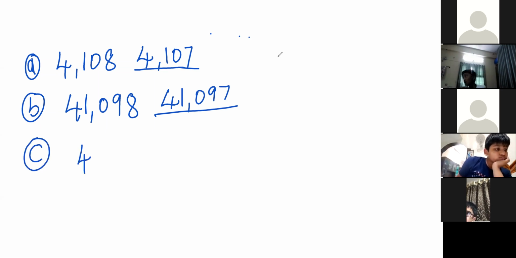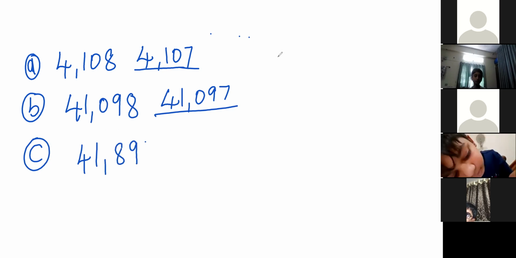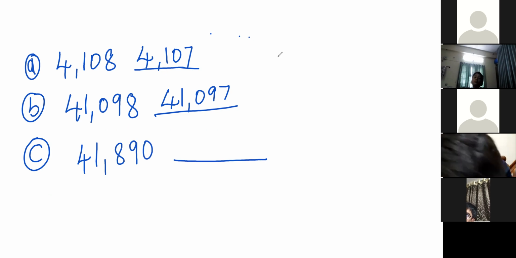Now it's 41,890. What I said just now, if you find 0 in the ones place or last places, instead of that 0, you have to place 9, and from the before number you have to subtract 1.